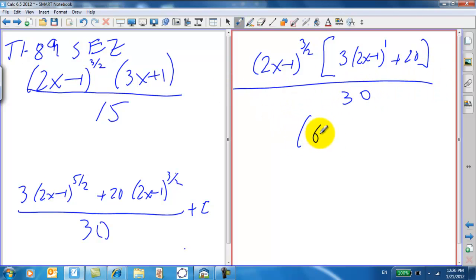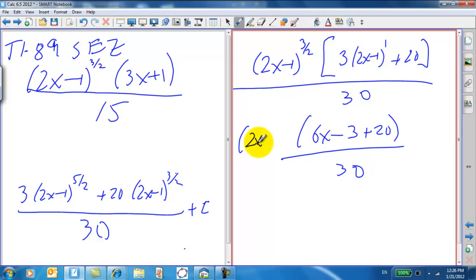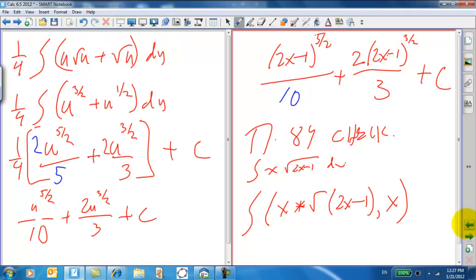So I'm getting 6x minus 3 plus 20 all over 30. I'm still seeing some kind of mistake here, because I'm getting 6x minus 17. That's not reducing like here, so I'd expect that something else happened in here. When you factor the 2x minus 1 to the 3 halves out of that, it should have just left the 20. So let's find out what else we might have erred on here.